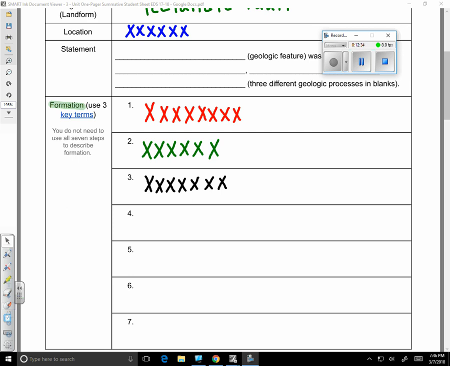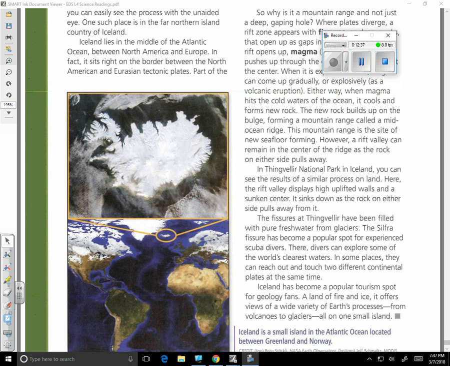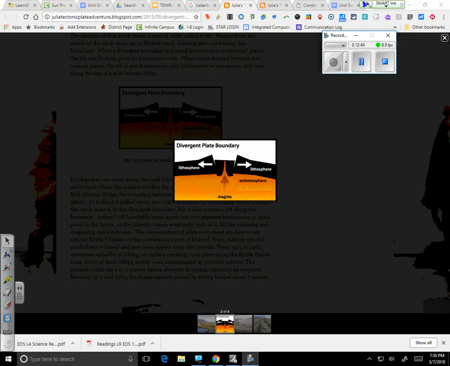Okay, we're on to step 4, which is right here, where a rift valley can remain in the center of the ridge as the rock on either side pulls away. So what this is saying is that you have one plate going this way and one plate going this way. That's step 1.